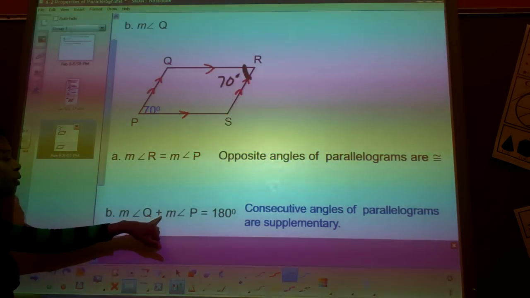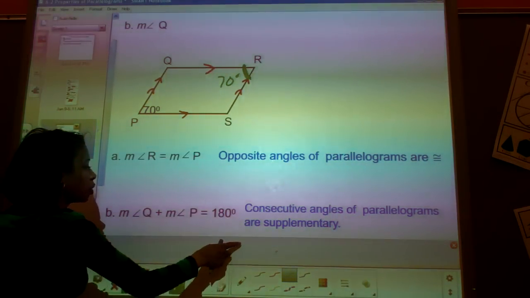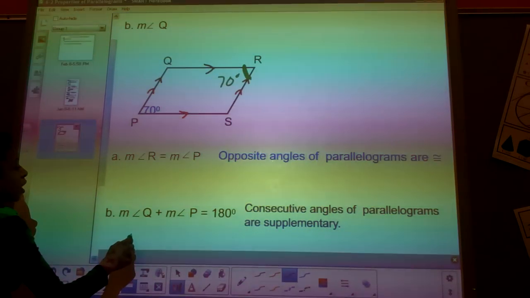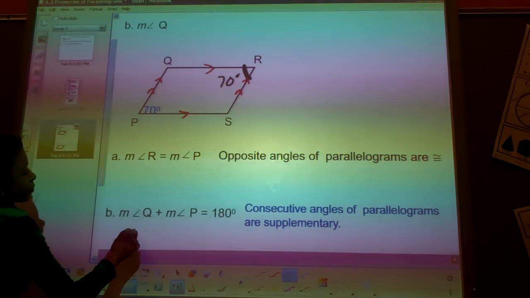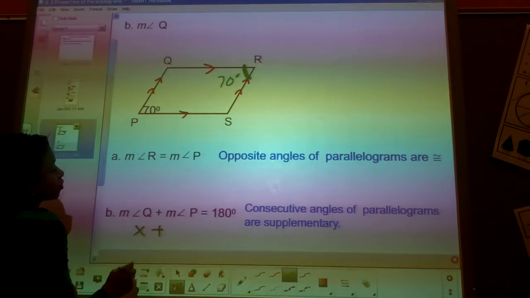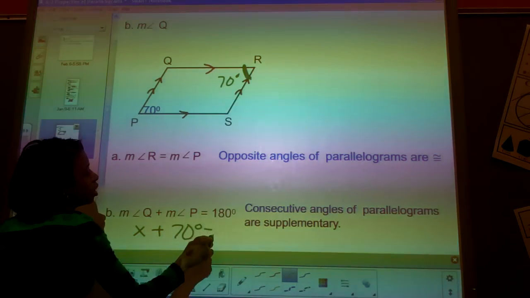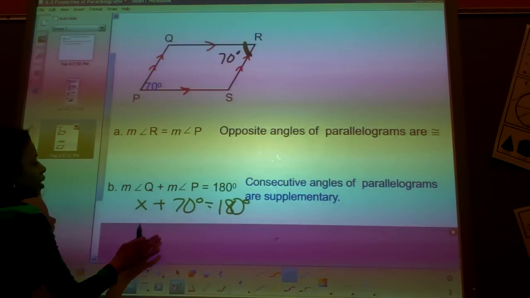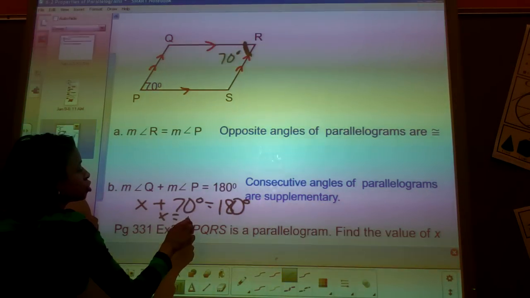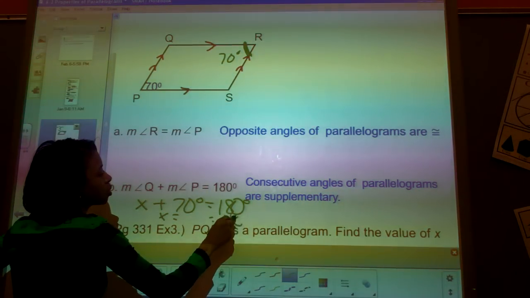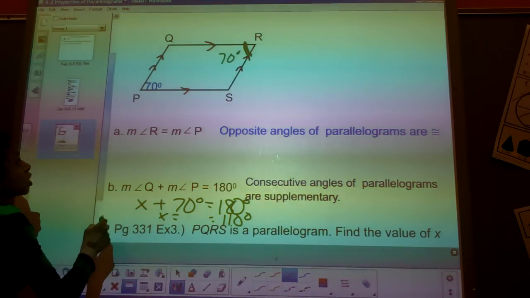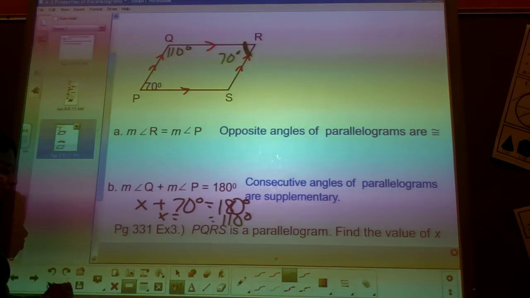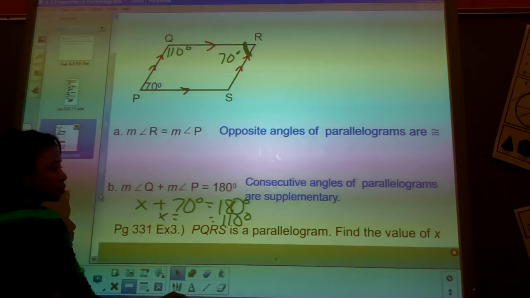When I work that out, I'll call the measure of angle Q x, plus the measure of angle P, 70 degrees, equals 180 degrees. Subtract 70 on both sides. x is equal to 110 degrees. So that means the measure of angle Q is equal to 110 degrees.